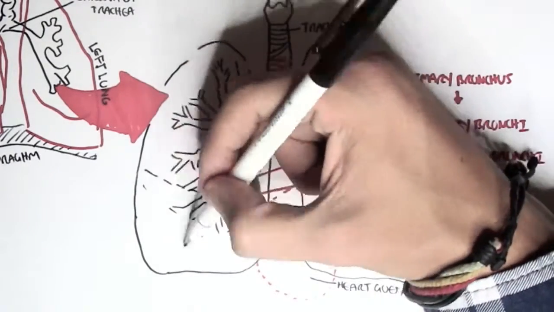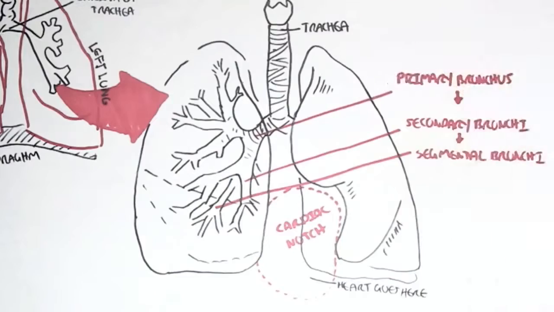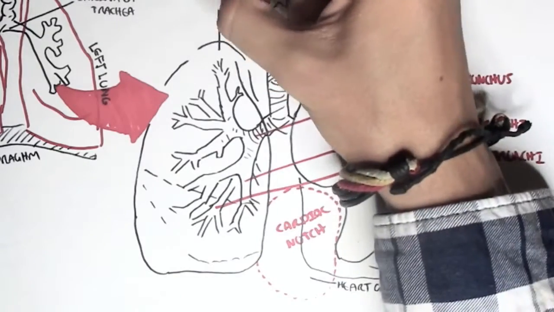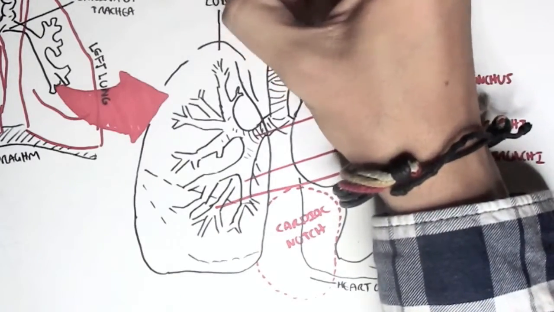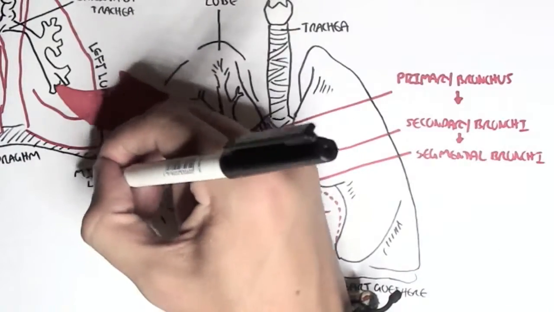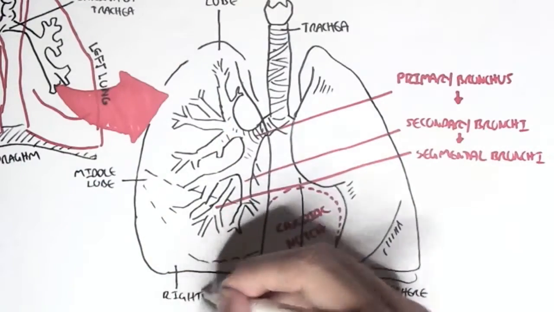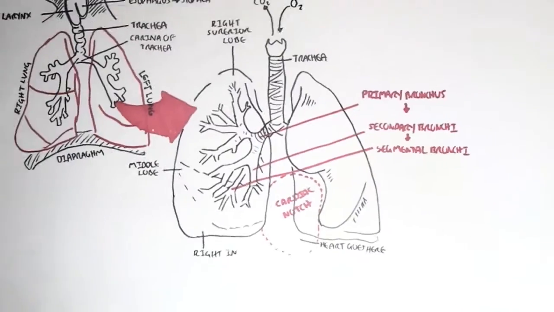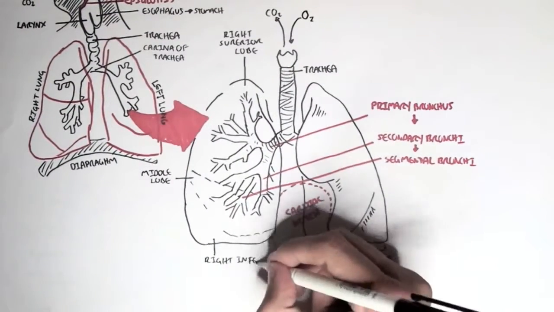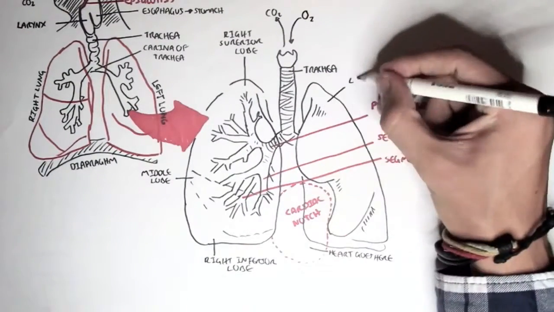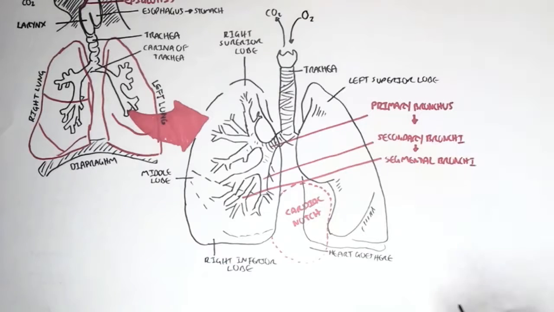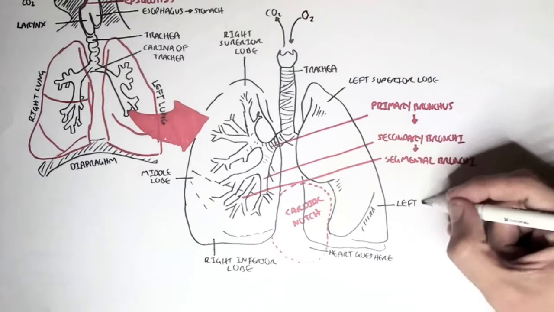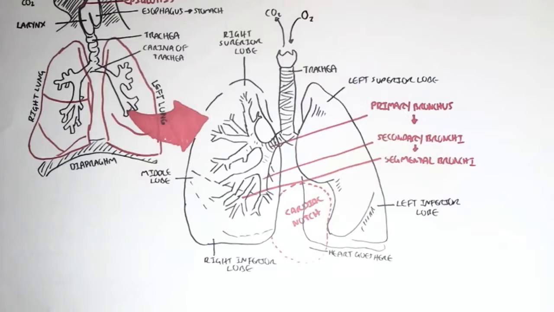Another thing to note is that the left lung and the right lung consist of a different number of lobes. The right lung consists of a superior lobe, a middle lobe, and an inferior lobe. So the right lung has 3 lobes, whereas the left lung only has 2. It has a superior lobe and an inferior lobe. So that's the other difference.